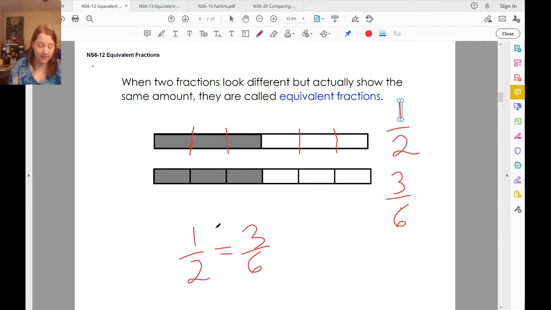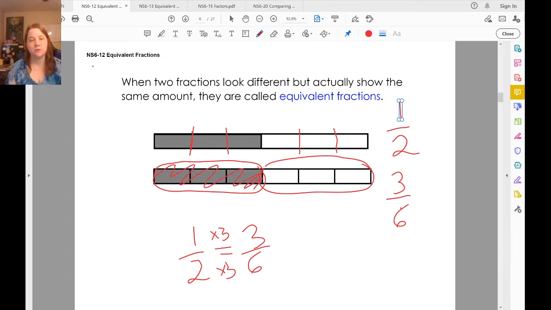So what I did is I multiplied 1 times 3 and 2 times 3. So I multiplied the top and the bottom number by the same amount. I broke these pieces into thirds. I could also divide, and I could circle groups of 3 in the 6th fraction. And we can see how this becomes 1 whole shaded out of 2 circles.